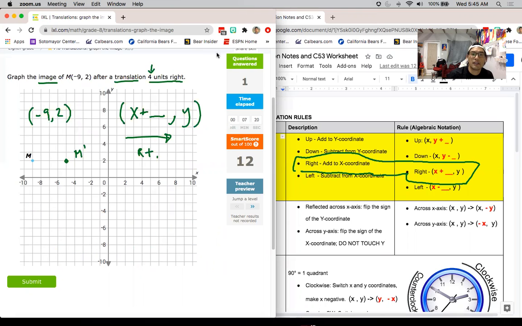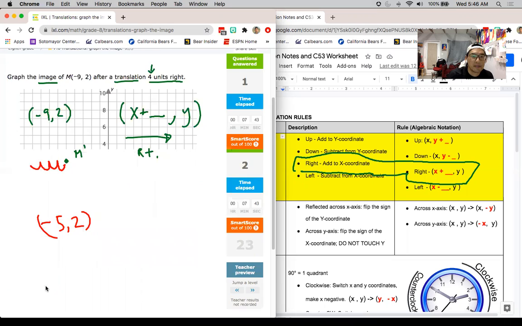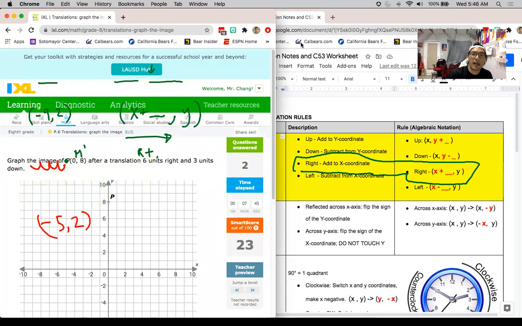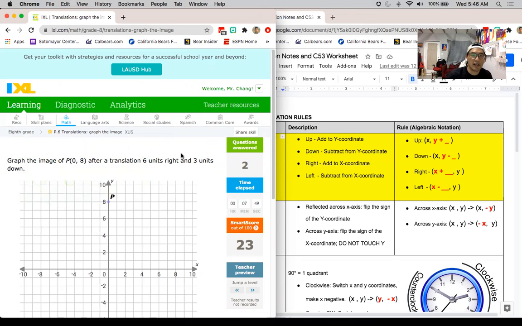You can see that I'm taking this point and I'm going to the right 4 units, I'm just doing 1, 2, 3, 4, and I end up at the same place. -5, comma 2. So let me put my point right there. Submit. There we go. Happy. Doing well. We are just chugging along.